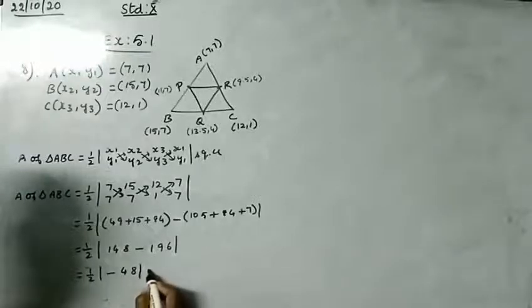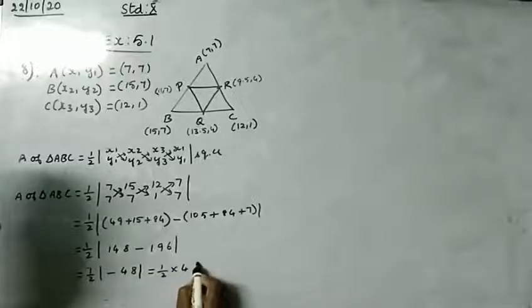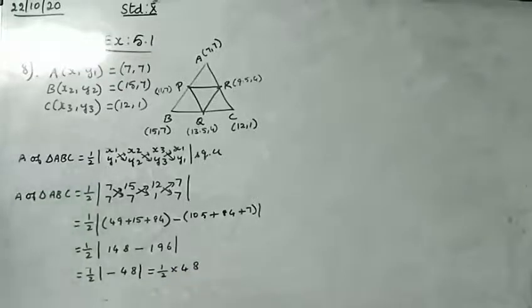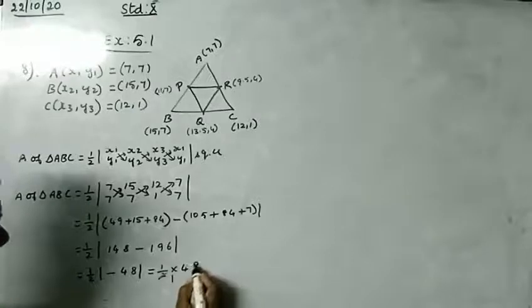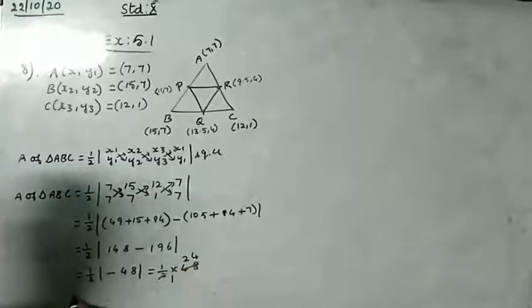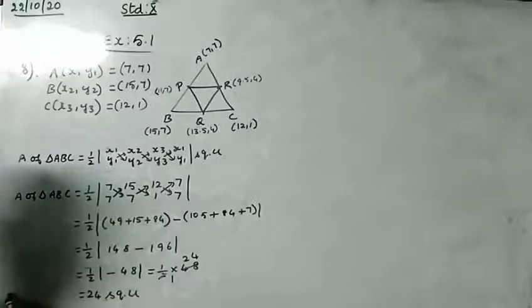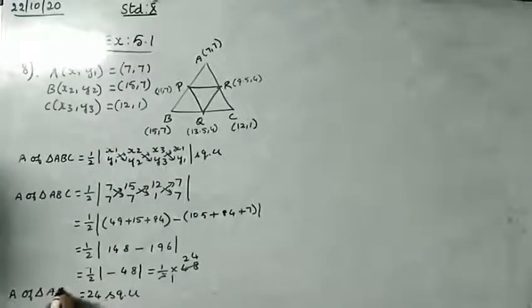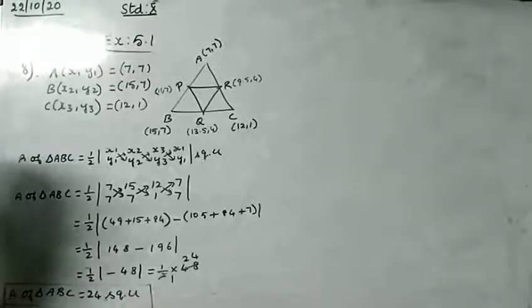Since it is in modulus, we can take 1 by 2 into, remove the modulus and take positive sign, 48. So cancel this with the 2, we are getting 24 square units. So area of triangle ABC is 24 square units is the result.